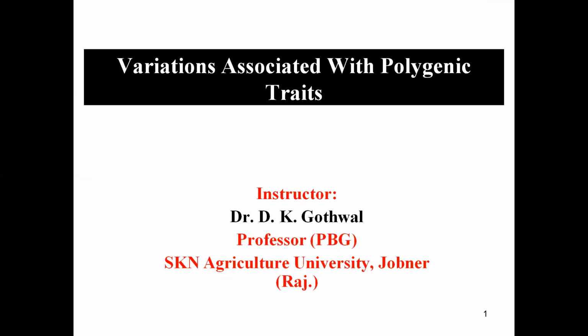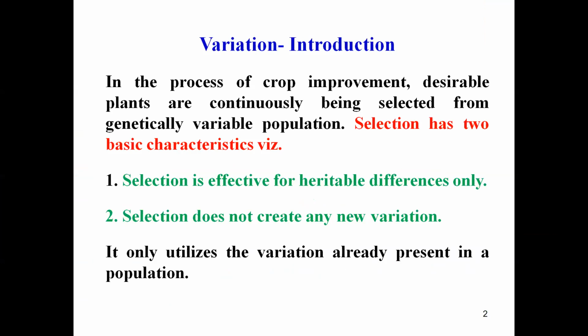Variation associated with polygenic traits. Any plant breeder, when he or she wants to proceed with a breeding program, first of all tries to make some selection from the material he has.